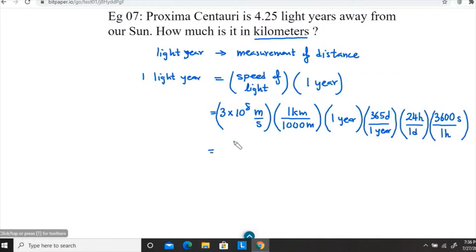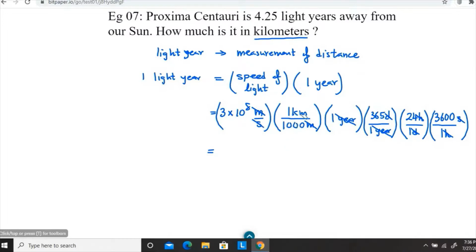So now I have these unit terms, and then I can cancel them out just like algebraic terms. So I can see a meter in the numerator and a meter in the denominator, year in the numerator, year in the denominator, days, they cancel out, hours, that cancels out, and even the seconds over here cancel out with the seconds over here in the denominator.